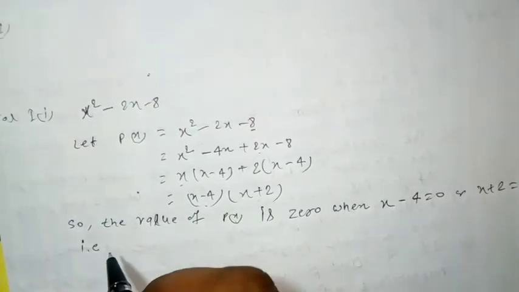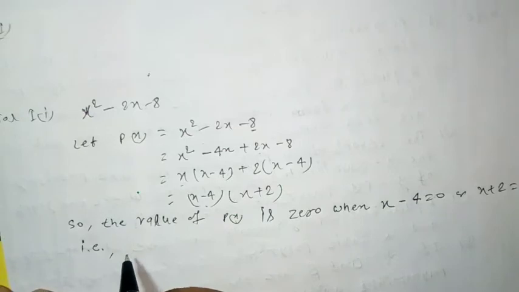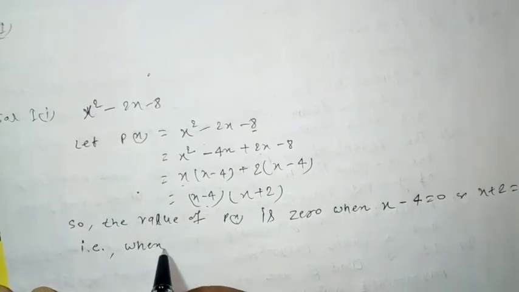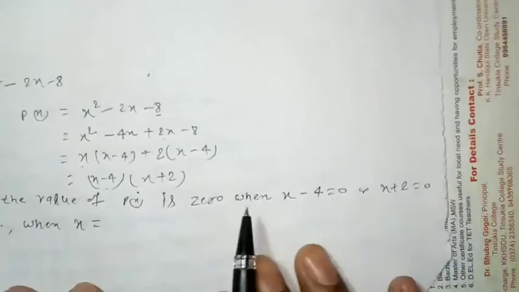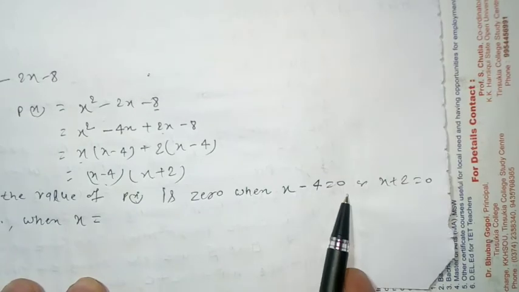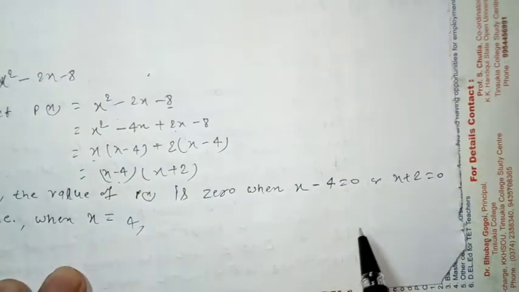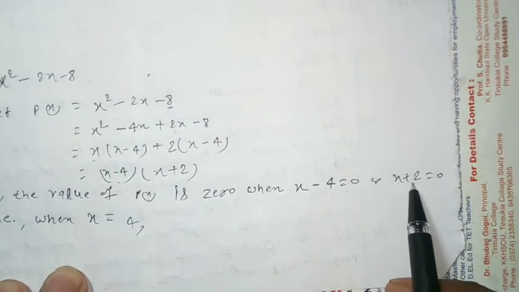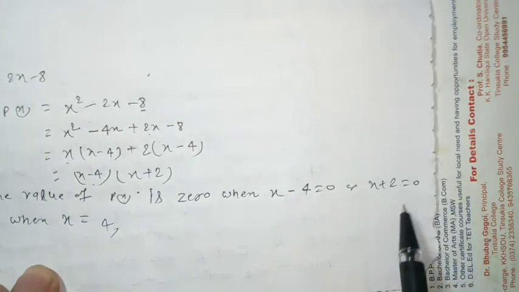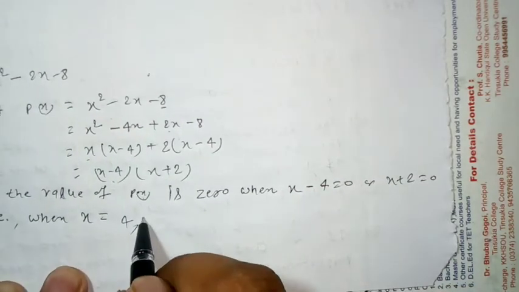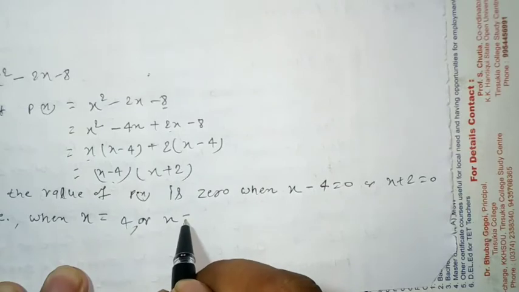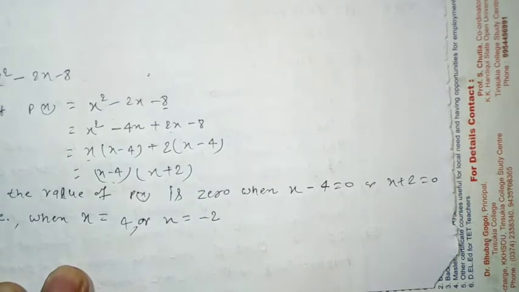That is, when x is equal to minus 4, go to the other side, then plus 4, or x plus 2, go to the other side, then we get minus 2, x is equal to minus 2.